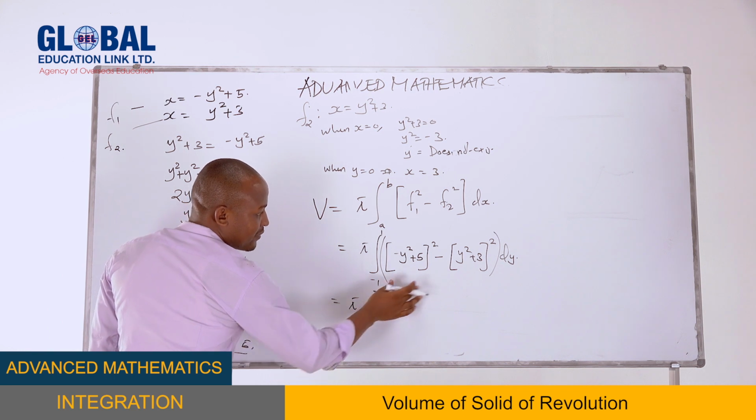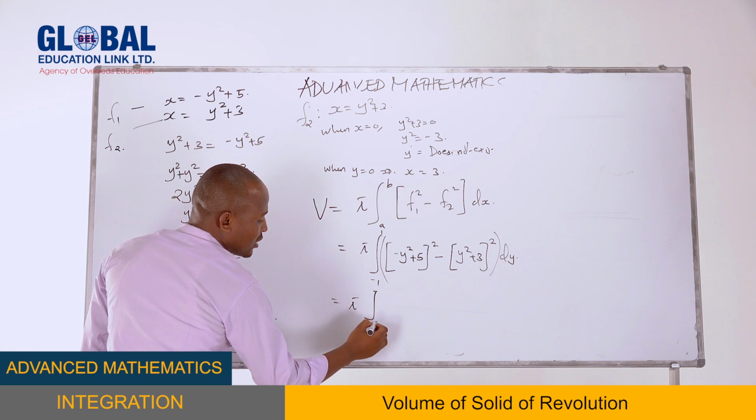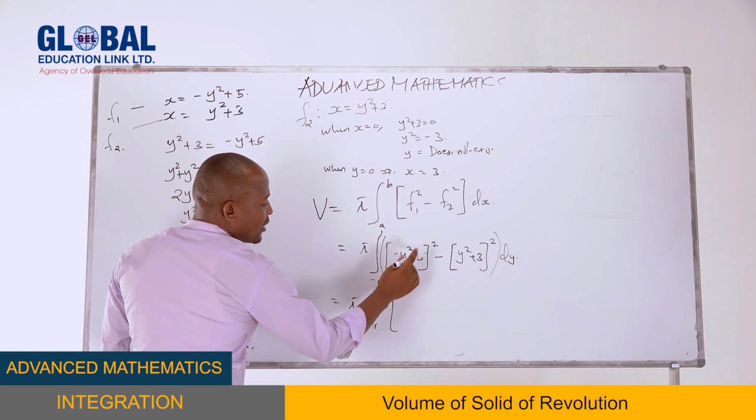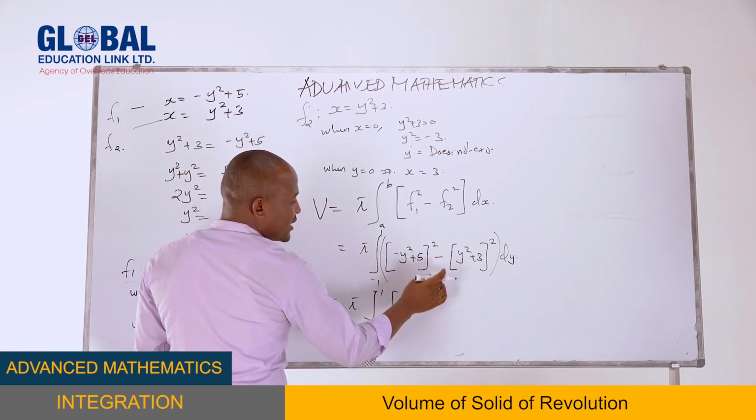So be very careful there when you try to open those. It will be the integral from -1 to 1. There we have a y raised to 4. And then what next?